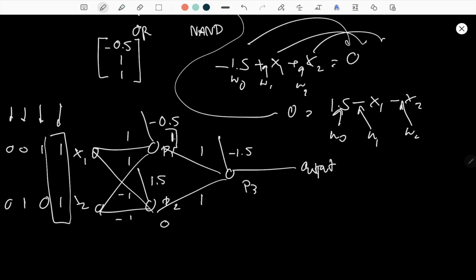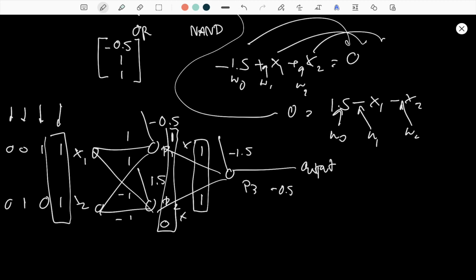So when you have 1 and 0, put it here. 1 0 times 1 and 1, the dot product is 1, plus minus 1.5, so the output is minus 0.5, that is less than 0, so the final output is negative class.